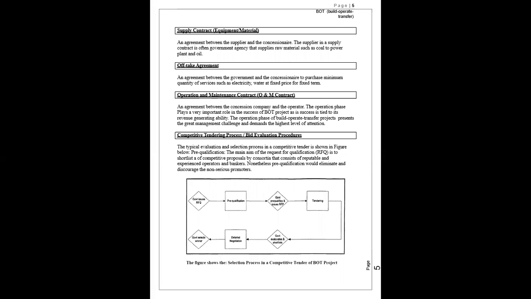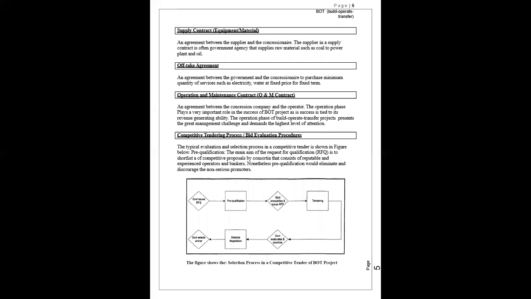Then the take-off agreement. An agreement between the government and the concessionaire to purchase a minimum quantity of the service, such as electricity or water, at a fixed rate or fixed term. Suppose electricity generation, a coal company is there. I am having that concession company and the government is supplying me coal, but whatever electricity is produced from that power plant, to whom should I sell?